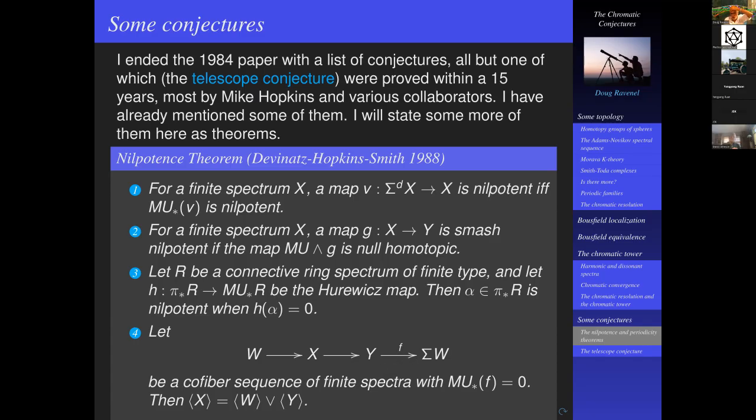If F were null homotopic, then X would be W wedge Y. This says that if the map F is trivial in MU homology, then the Bousfield class of X is equal to the Bousfield class of W wedge Y.